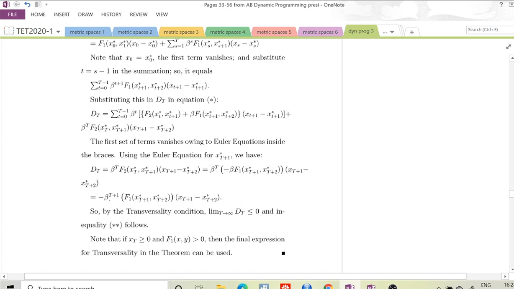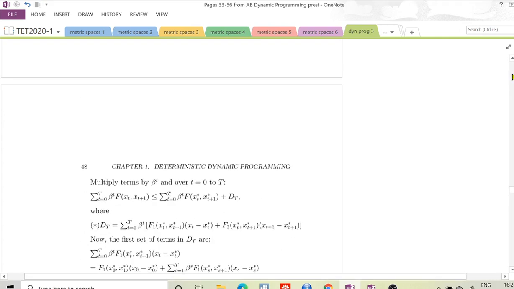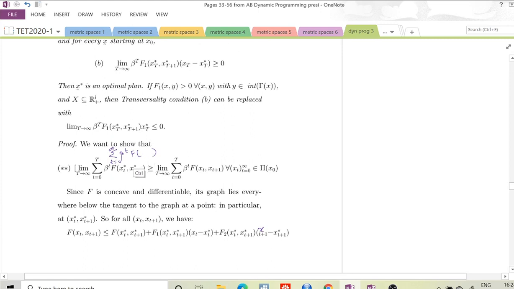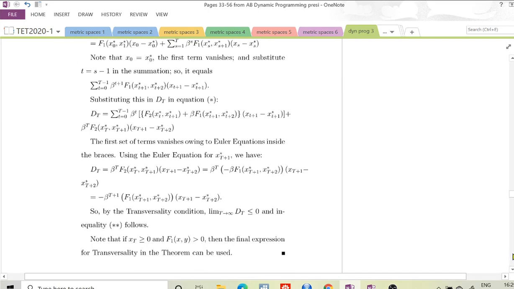So if transversality condition B is satisfied, which is here, that the limit of this discounted term is greater than or equal to 0, that implies that the limit of the negative of this is less than or equal to 0, right?